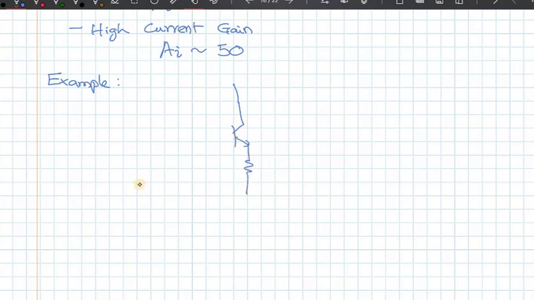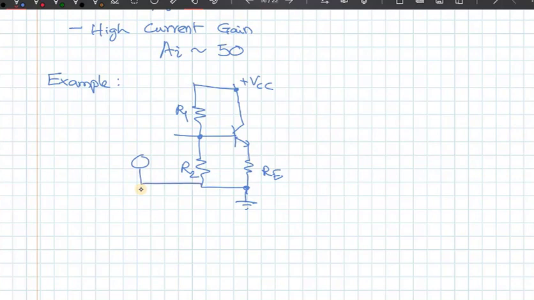You have a resistance in the emitter and the biasing circuit, and you provide the input through a capacitor, and there is no bypass capacitor across the emitter.